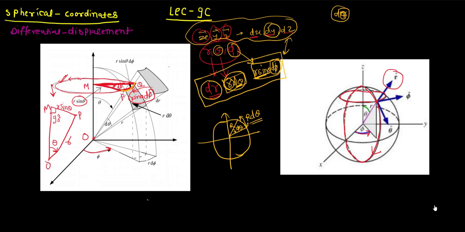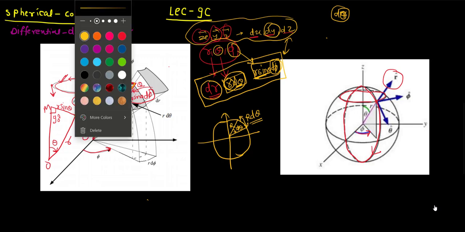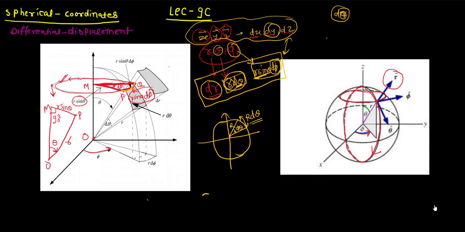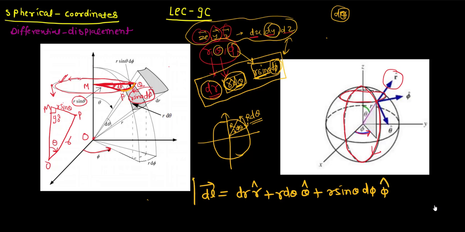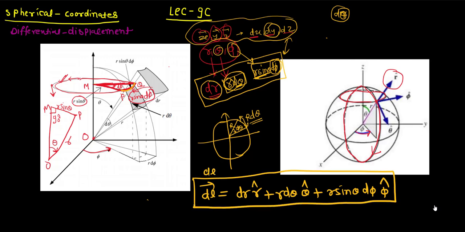So the displacement vector you can write as, let me write it here: dl is equal to dr in the direction of r cap, plus r d theta in the direction of theta cap, plus r sin theta d phi in the direction of phi cap. As we had in the Cartesian coordinate, the dl vector was dx i cap plus dy j cap plus dz k cap.